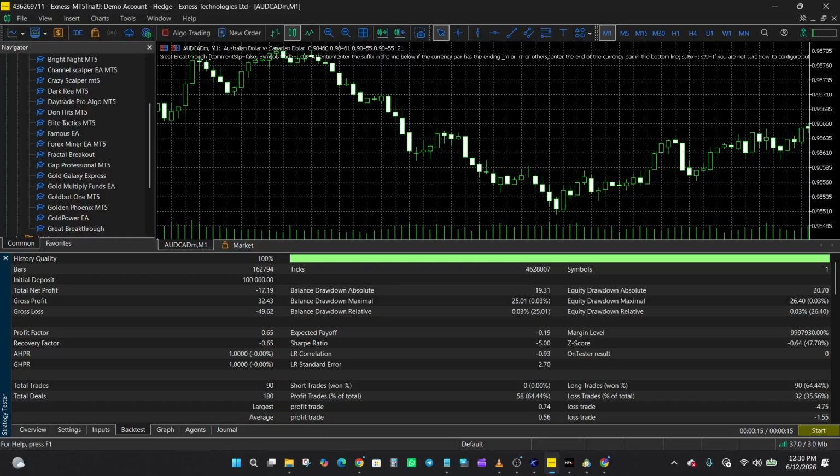So overall, the Great Breakthrough EA presents itself as a multi-currency MT5 expert advisor that is designed for M1 trading with stop loss and take profit protection, pending limit order execution, and several risk and trade management settings. Okay, so as always, I recommend conducting your own testing and optimization before considering live deployment.